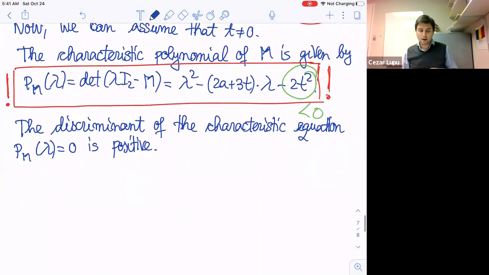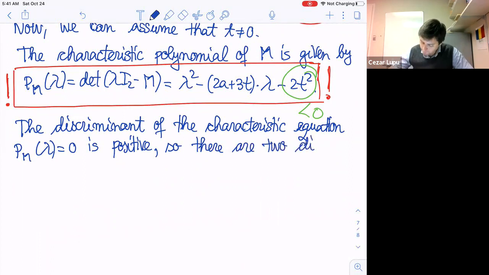Okay, now let's handle this. There are 2 distinct roots, let's just say lambda 1 and lambda 2, which are non-zero.